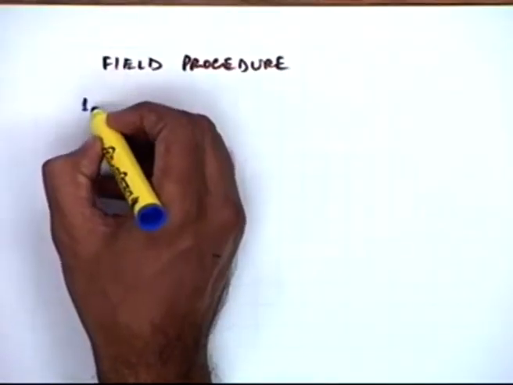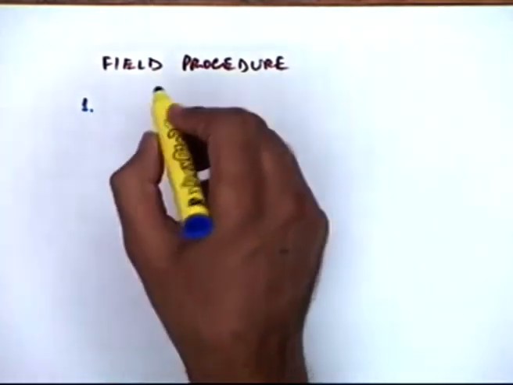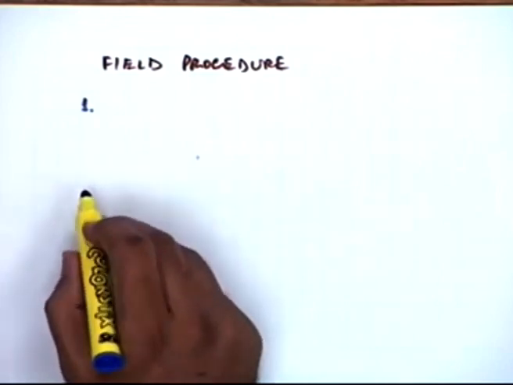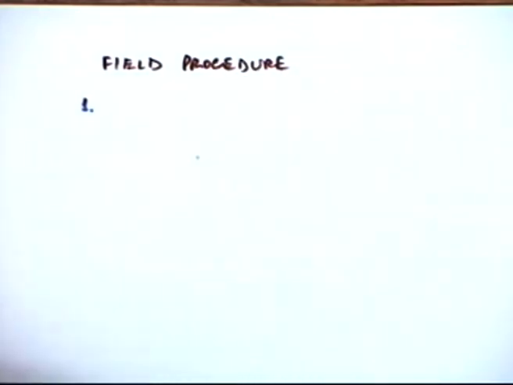The various steps or the various items in the same hierarchy will try to identify. The first will be that you might not be interested in taking observations in the total field.